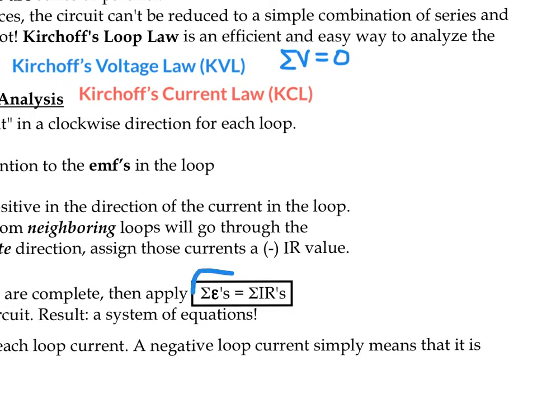Another way of saying the same thing is that the sum of all the EMFs, all these batteries you add up in this loop, has to equal all the IR drops, the voltages across resistors. They have to all be the same.